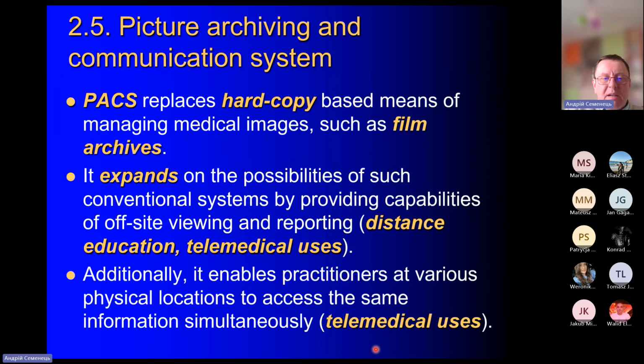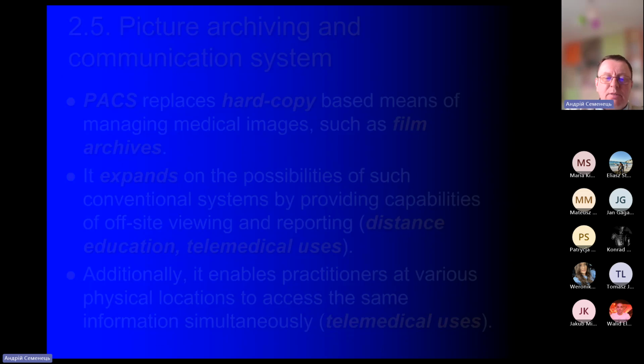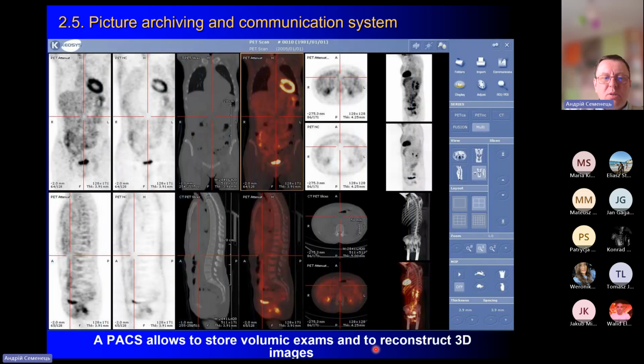So PACS itself has to replace hard copy, film-based or printed images, with an electronic version, and provide on-site as well as remote access, even for telemedical uses. Here is an example of a dedicated PACS system for computer tomography.